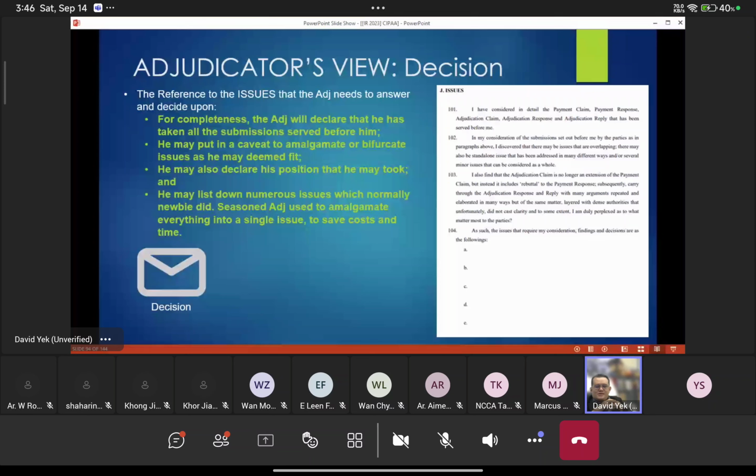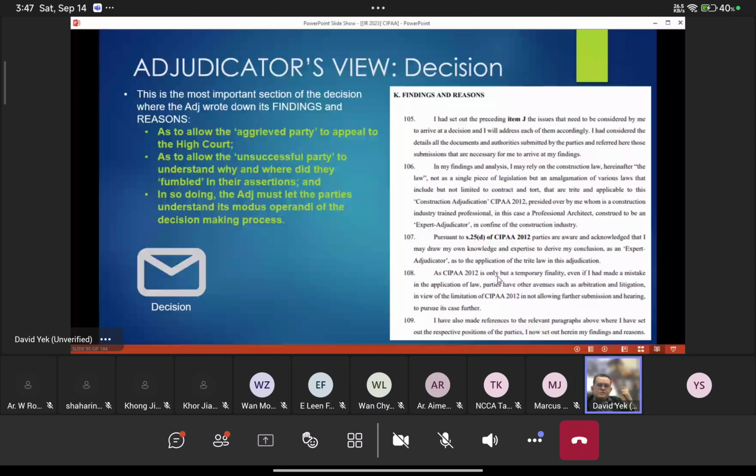He may declare his position that he may do this or he may do that. Or he may list down all the other issues, which a lot of newbies do, but a seasoned adjudicator will just lump everything together and answer it as it goes on. Okay, so this is the certain strategy that adjudicators use.